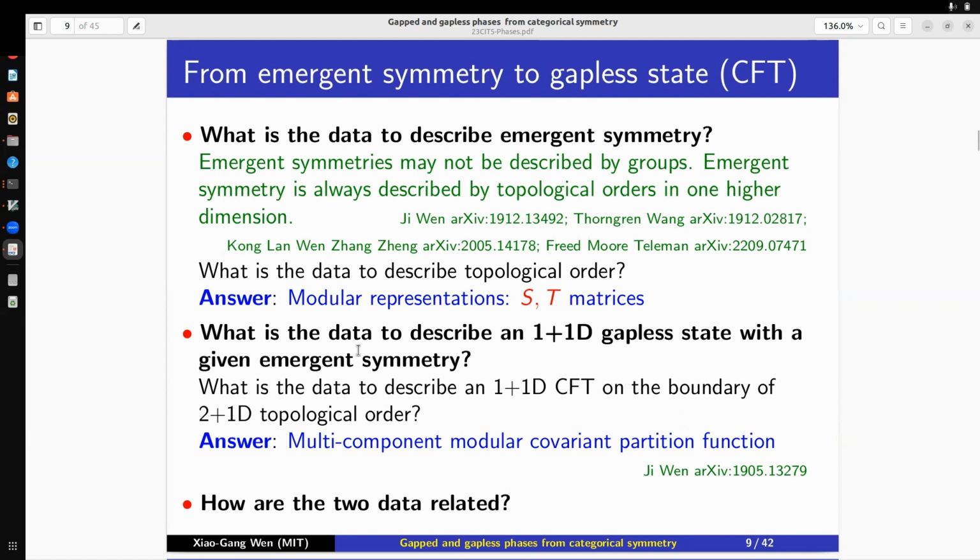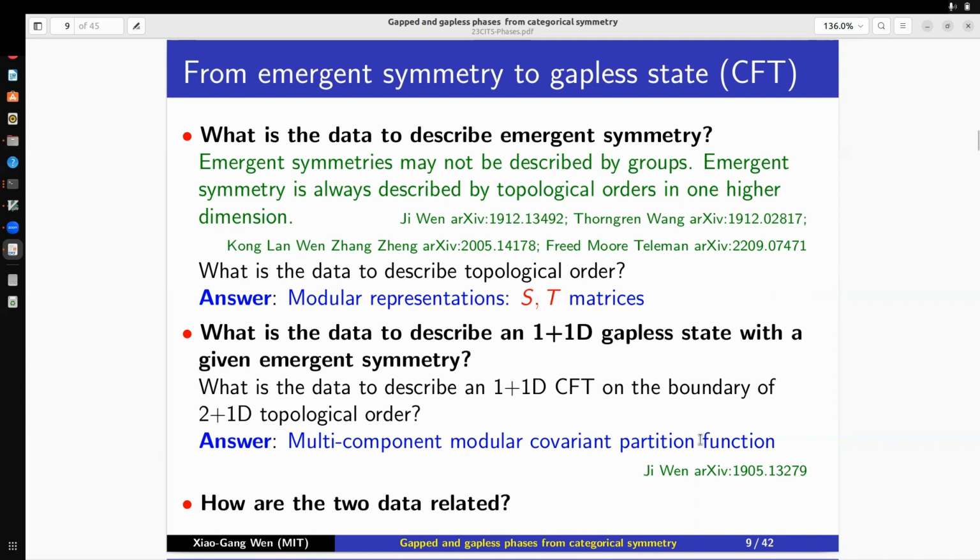The second question: what is the data to describe the gapless states with this emergent symmetry? It turns out that the data to describe gapless states, at least the ones with a linear dispersion relation, is the so-called multi-component partition function. So there's a partition function with multiple components, and those are the data to describe gapless states.